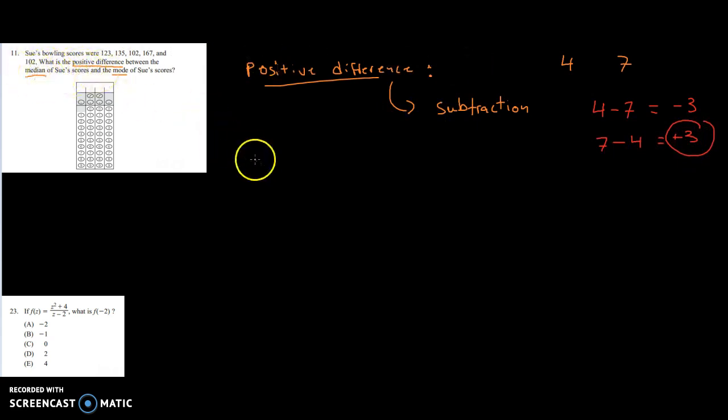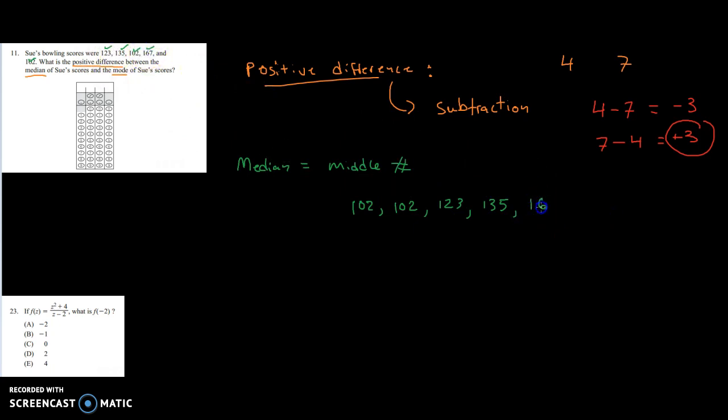First off, remember what a median is. Median means the middle number out of a list. Now, the thing that you have to do is first arrange things in order from least to greatest. So let's see what we've got. The smallest number is 102, followed by another 102, and then the next one is 123, and we have 135, and the final number is 167.